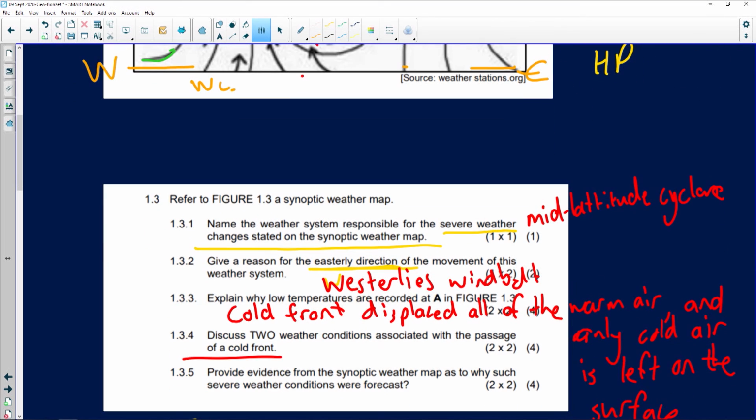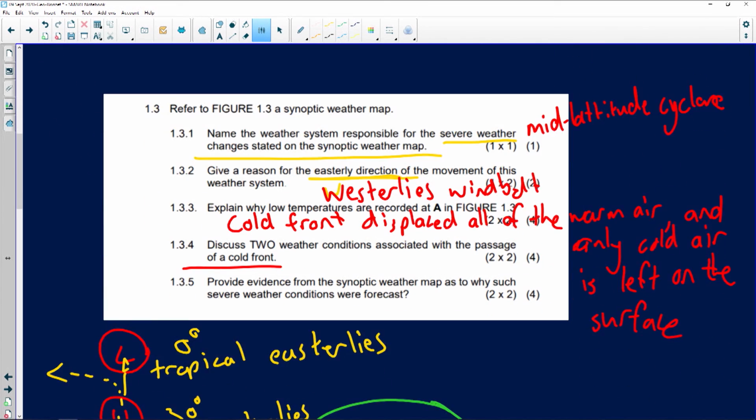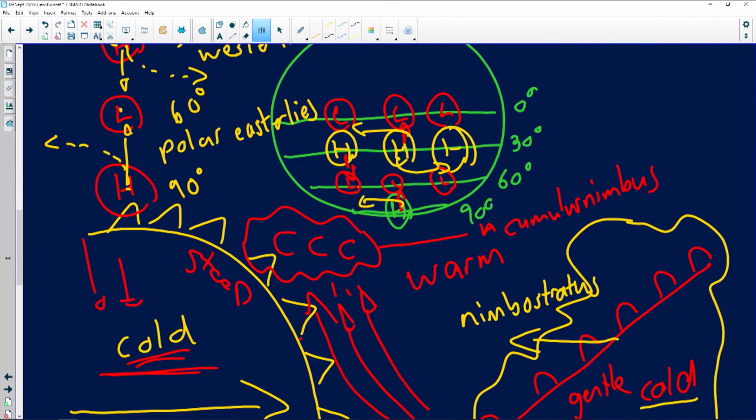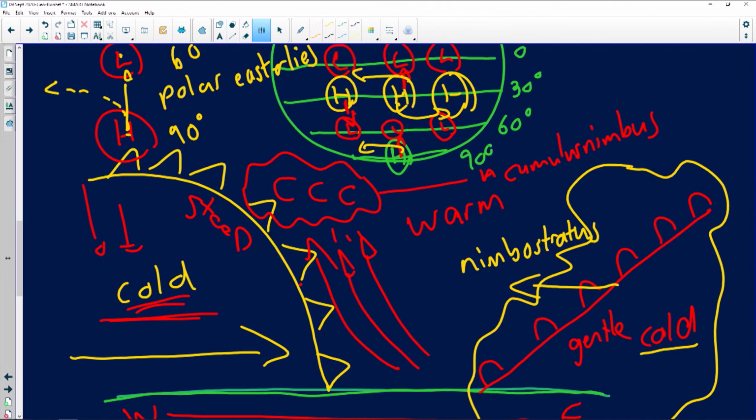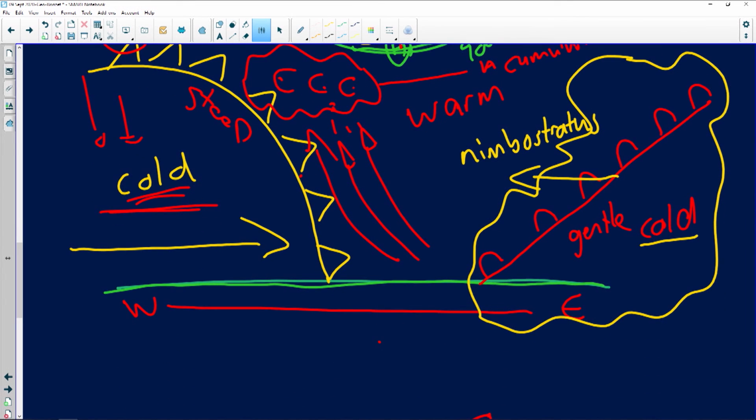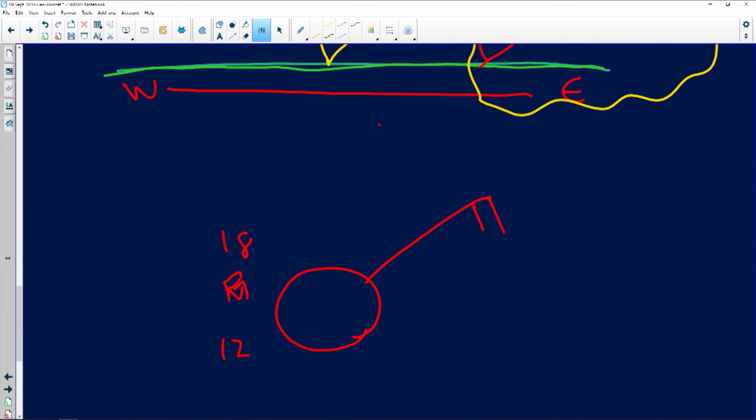The question is discuss 2 weather conditions associated with the passage of a cold front. We experience rain because the cold front forces the warm air to rise. It cools, condenses, and forms clouds. Obviously we experience rain and strong winds.